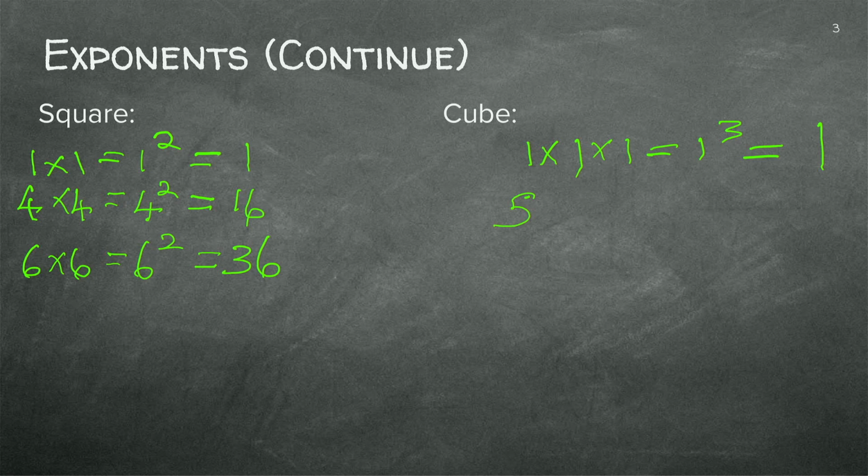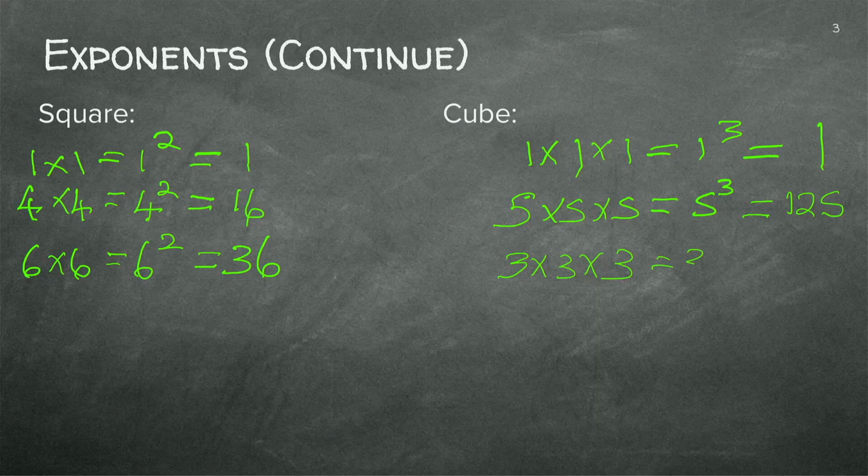Say 5. 5 times 5 times 5 equals 5 to the power of 3. Let's see if we can do this one first. 5 times 5 is 25, and 25 times 5 is, who got it first? 125. We can do an easier one for 3. 3 times 3 times 3 equals 3 to the power of 3, and that is giving us 27.